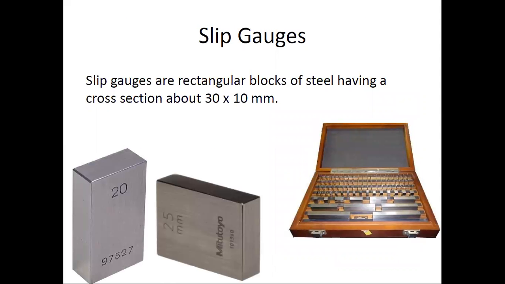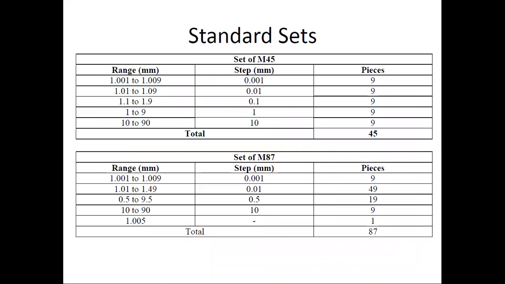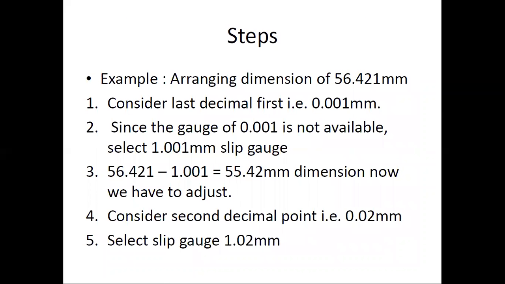Then this part is also covered: what is meant by slip gauge and how these slip gauges are useful for measurement purposes. Here one example of slip gauge measurement is also covered, that we have to arrange the dimension of 56.421.